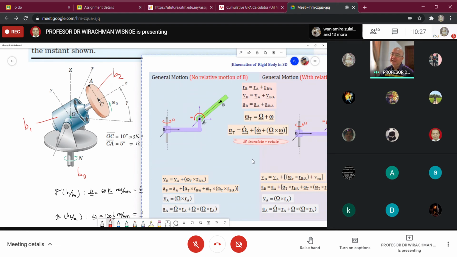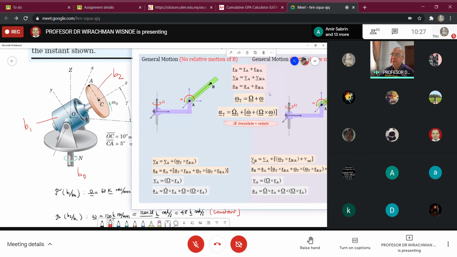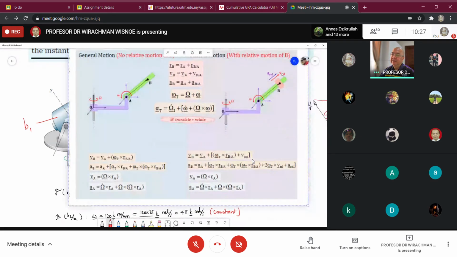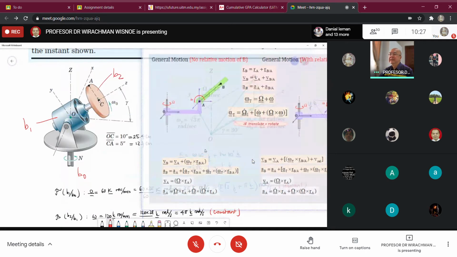In this case, the rotation is about the axis facing the screen, but it's about the same thing. So we can use all this formula. Later when we have this problem, we use this formula and this formula. Okay?